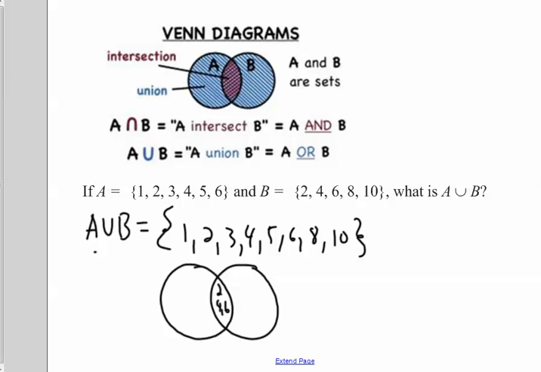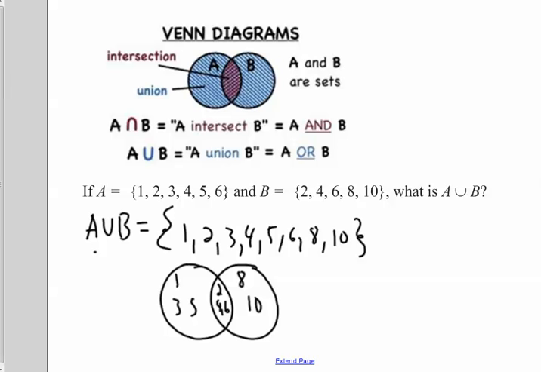That's the intersection, and then everything else that's in set A that's not in B as well, I have 1, 3, and 5. And over here I have 8 and 10. So that's what the Venn diagram of this is going to look like.